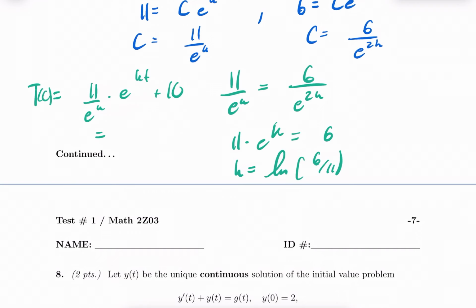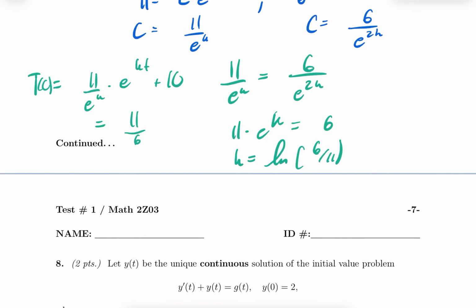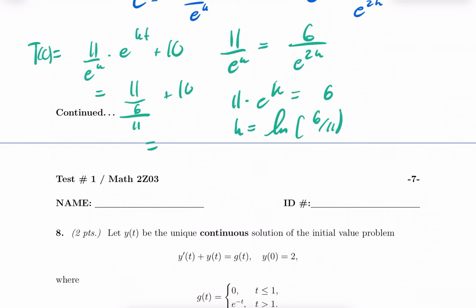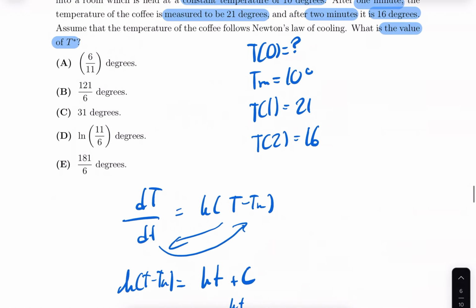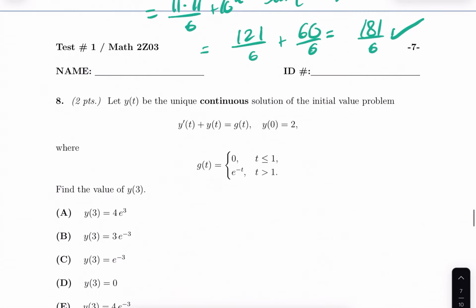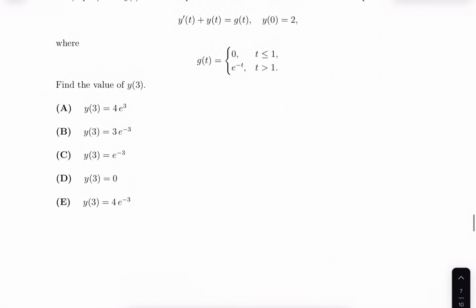The kt right here will be 0, so I don't have to worry about that. Over e to the ln of this will just be 6 over 11, plus 10. 11 divided by 6 over 11, which is 11 times 11 over 6, plus 10 equals 121 over 6 plus 60 over 6 equals 181 over 6. Right there. Okay. This is a good question.